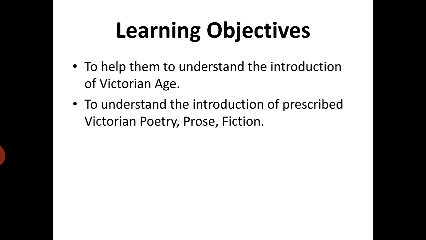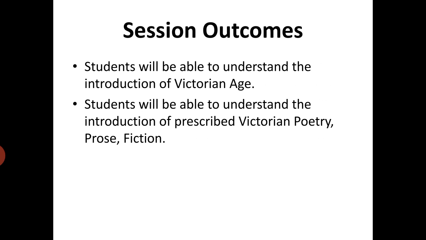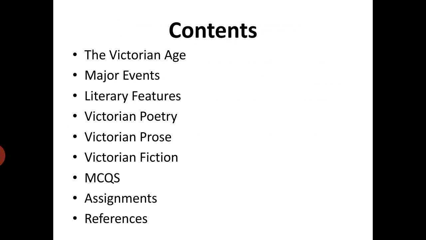Learning objectives: to help students understand the introduction of the Victorian age, and to understand the introduction of the prescribed Victorian poetry, prose, and fiction. After completion of this session, students will be enabled to understand the introduction of the Victorian age. Students will be able to understand the introduction of the prescribed Victorian poetry, prose, and fiction.